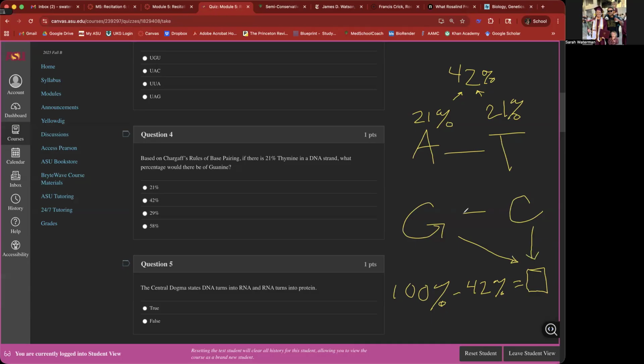And because these two are equal to each other, this percentage is split equally between G and C. That would be the best way to figure that out.